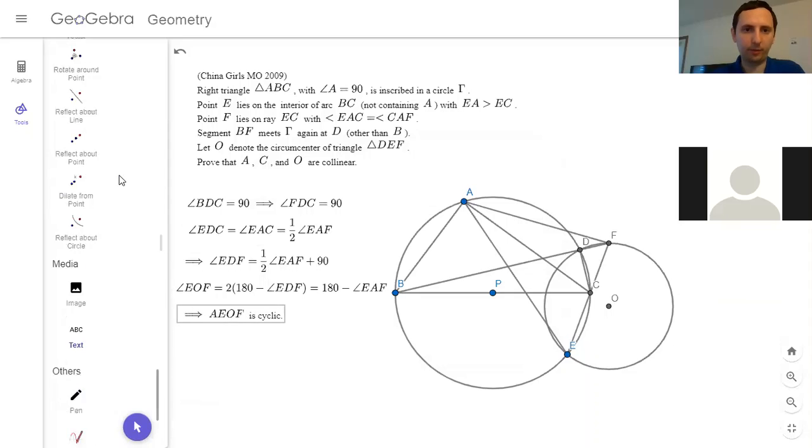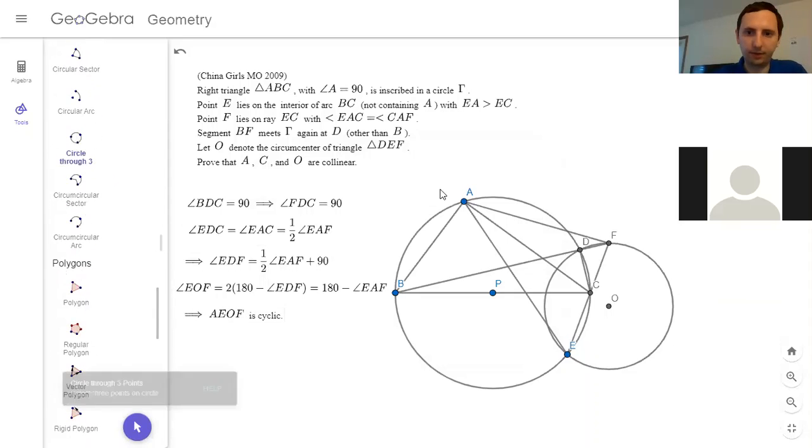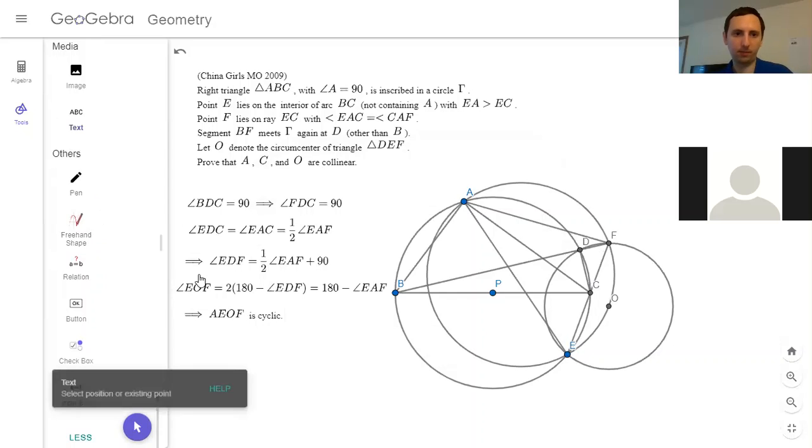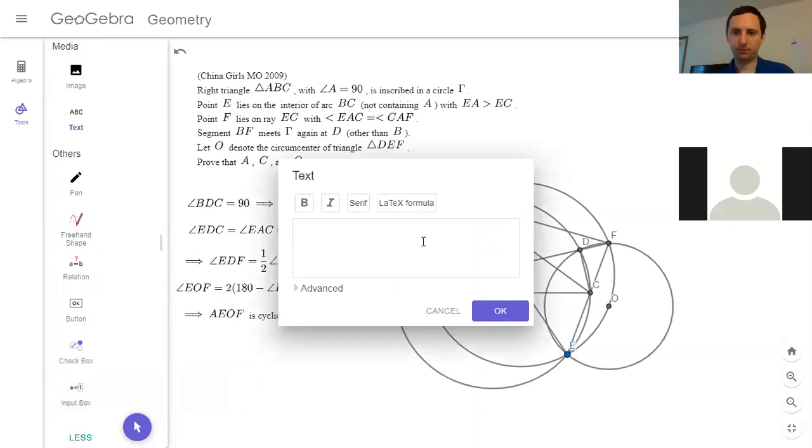And then from there, we're pretty much done because since O lies on the perpendicular bisector of EF, so, or I'll just say EO or OE is equal to OF.